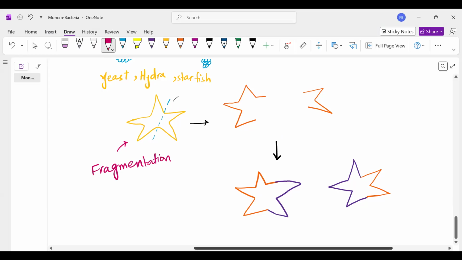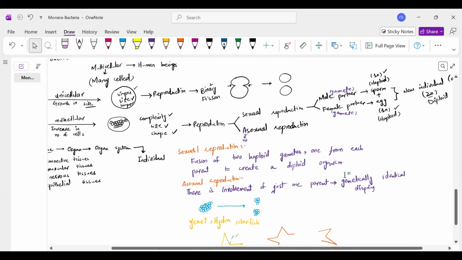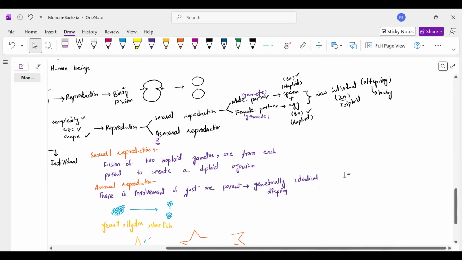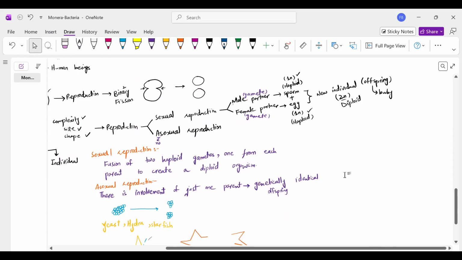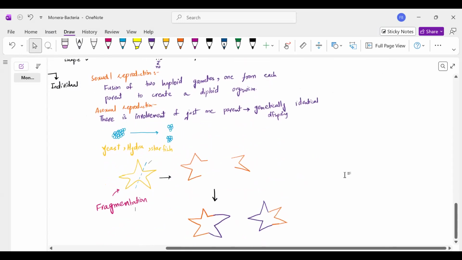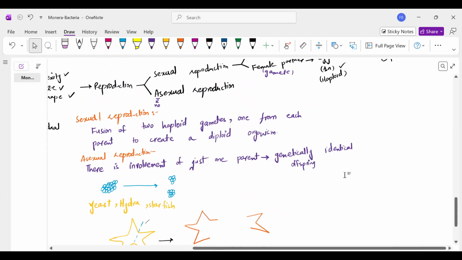Clear? So till now we have discussed sexual reproduction and asexual reproduction, and I was telling you about variation. In sexual reproduction, there is more variation, and in asexual reproduction, there is no variation. That is the reason we say that individuals of sexual reproduction can survive better in external conditions.